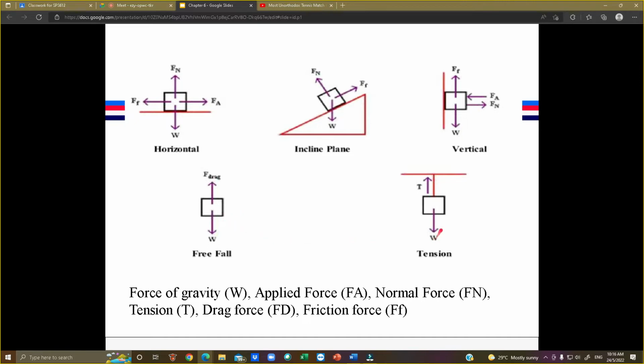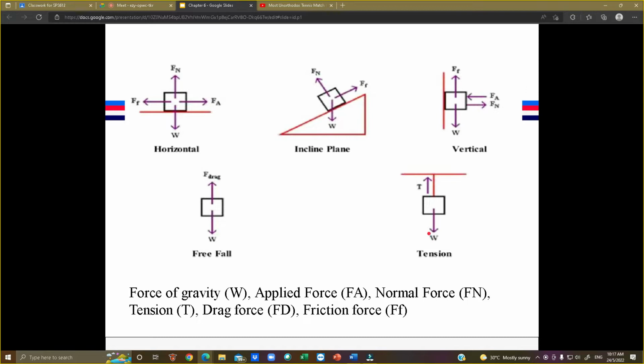Yang ini kenapa atas dia tension? Why put tension, T, instead of other things, instead of force or whatsoever? Kenapa dia boleh bagi tahu sini atas ni adalah tension? Sebab dia hanging. So there is force being subjected to this hanging action. So that is tension.